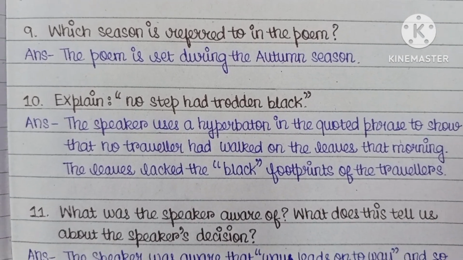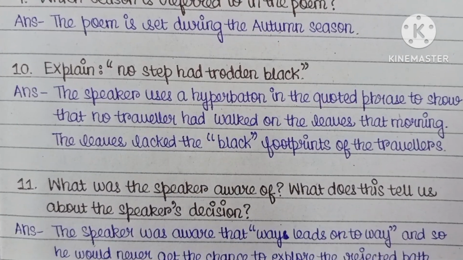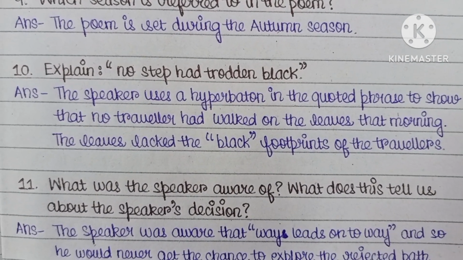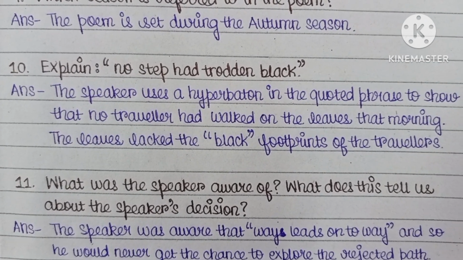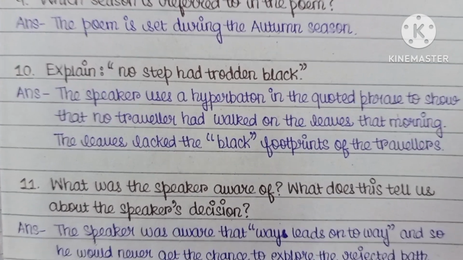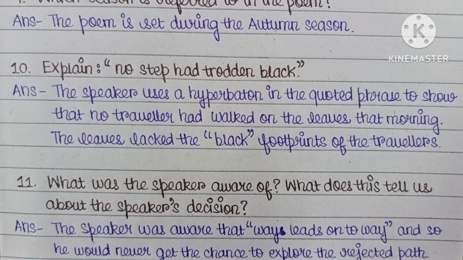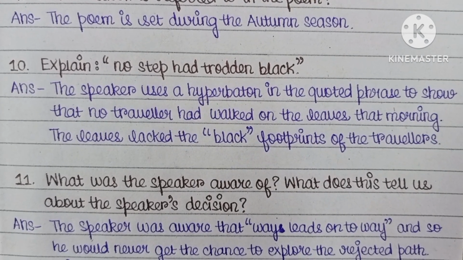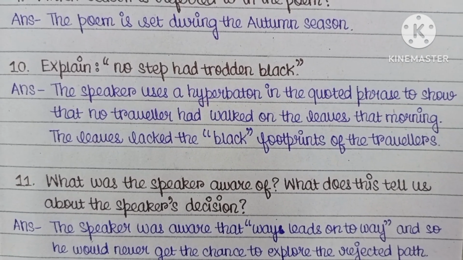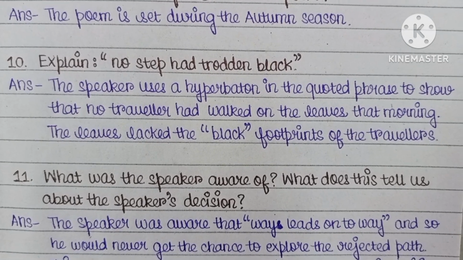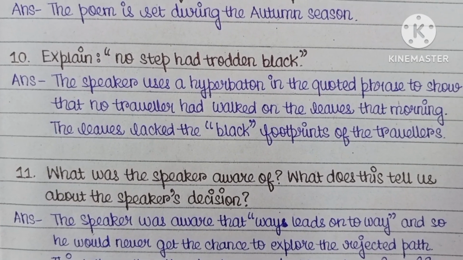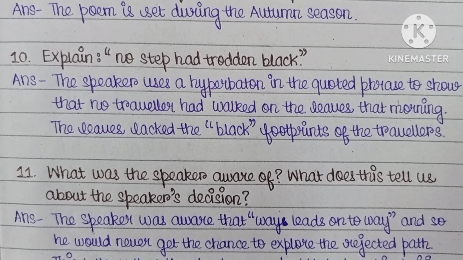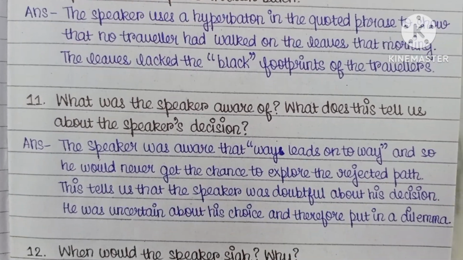Number 10. Explain. No step had trodden black. Answer. The speaker uses a hyperbaton in the quoted phrase to show that no traveler had walked on the leaves that morning. The leaves lacked the black footprints of the travelers. 11.